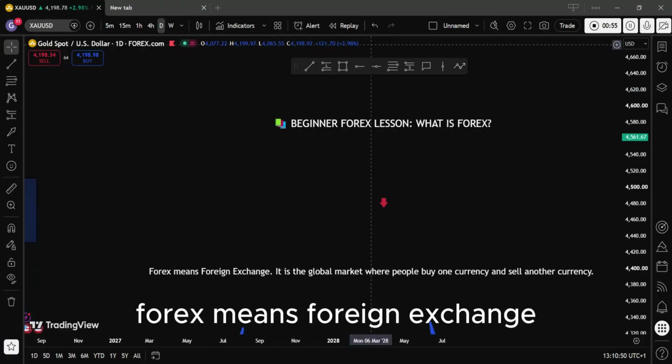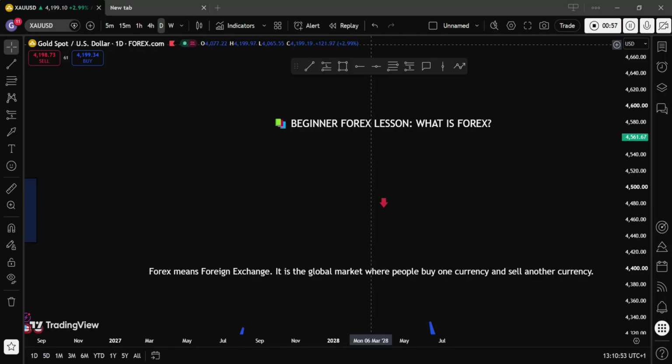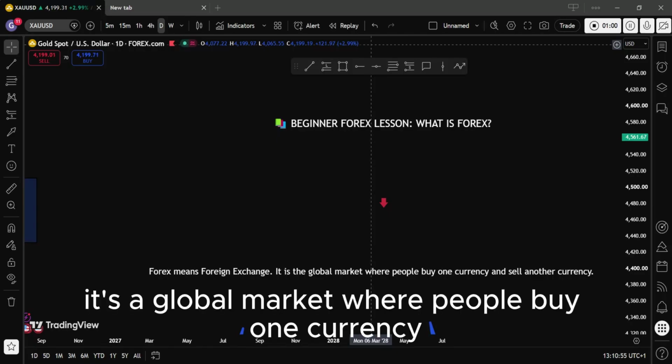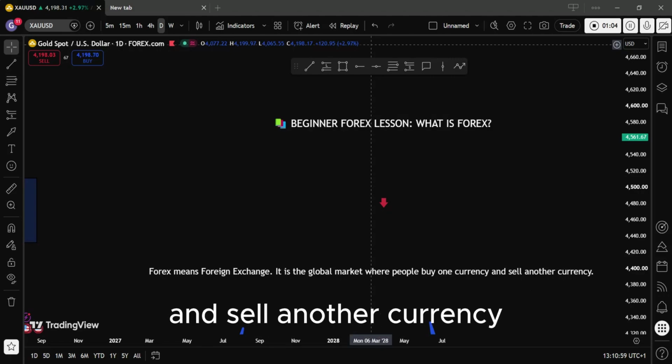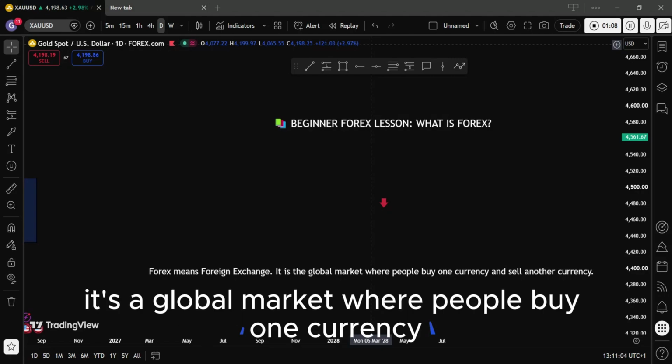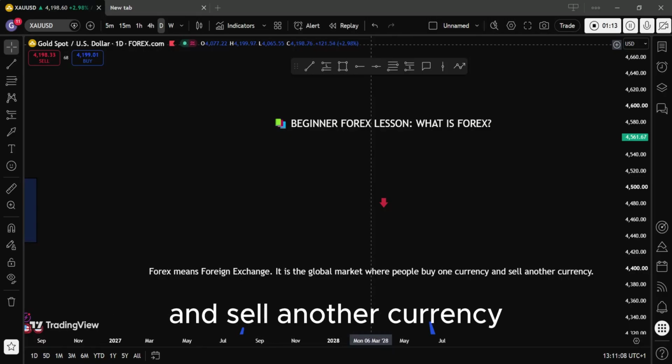Forex means foreign exchange. It's a global market where people buy one currency and sell another currency.